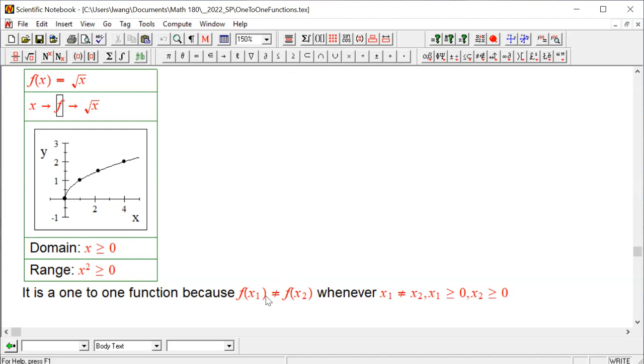Okay, and the square root of them, right? When these two are not the same, and their square roots, because f of x1 is the square root of x1. We just plug in x sub 1.